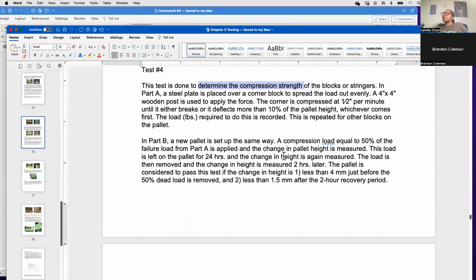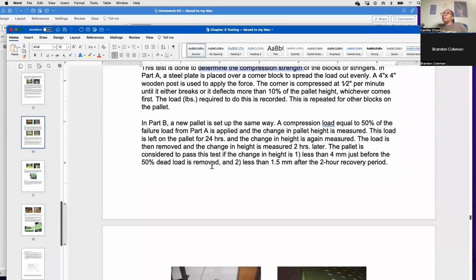So, I mean, it's pretty rough, but you know, the pallet's considered to pass if the change in height is less than 4 millimeters, just before the load is removed, and then less than 1.5 millimeters after it recovers.